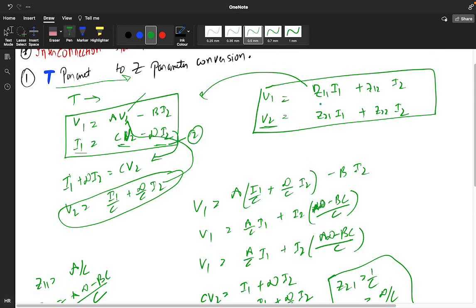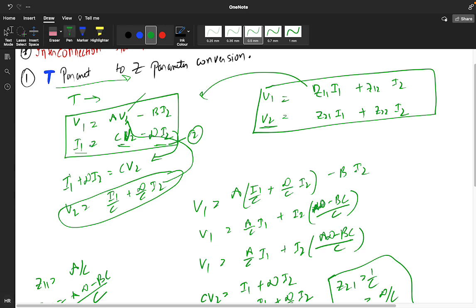So what I am trying to do is convert these equations into the form of this equation. Here we have a V1 value, here we have an I2 value, that is okay. But we don't need the V2 value, we need the I2 value. So with the help of our second equation, we will get the value of V2.